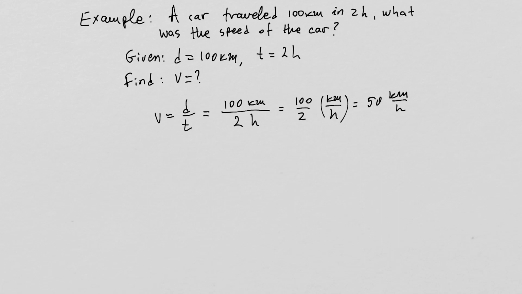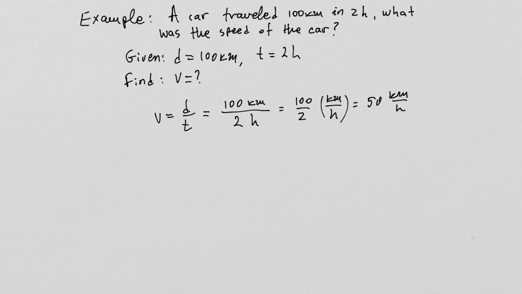So replacing the distance d with what it's equal to, that is 100 kilometers, dividing by the time t, which is 2 hours, I get 100 divided by 2. And the units of the result will be the ratio of kilometers divided by hours. And so 100 divided by 2 is 50, and the units of speed are kilometers per hour, as discussed on the previous slide.